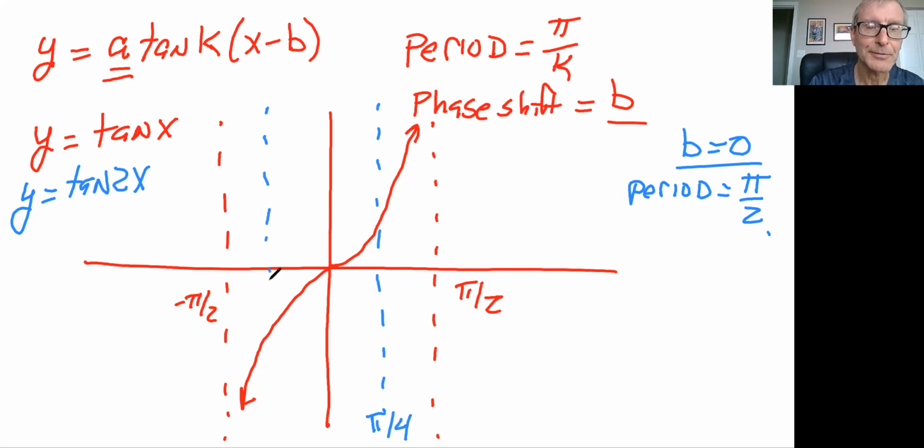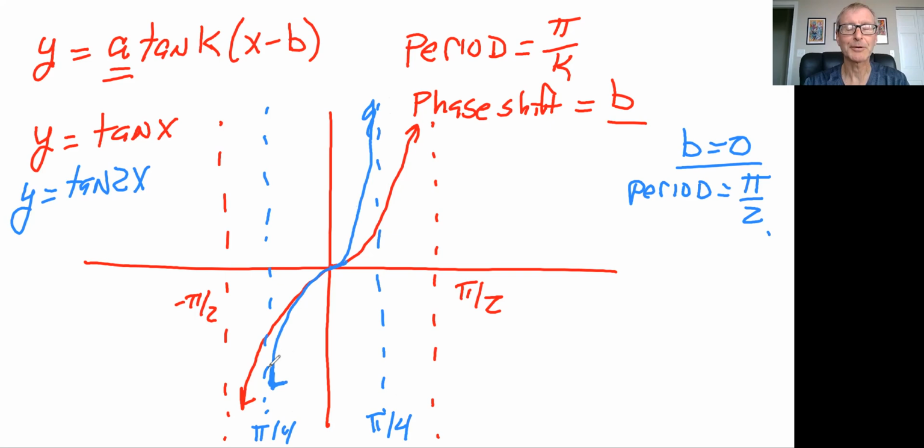And the asymptotes of this blue one here would be pi over 4. And so if you drew this one, it would look something like that. So basically, when you cut the period in half, you move the asymptotes in closer, and because things have to occur quicker, right? Or more often is a better way of putting it. So that's what happens to the asymptotes when we do something like that.